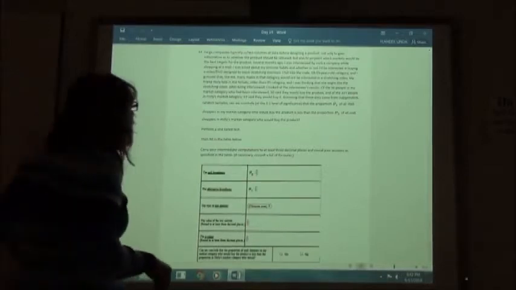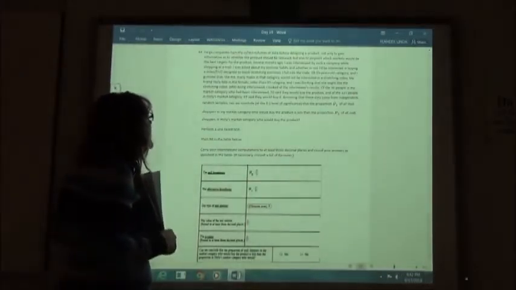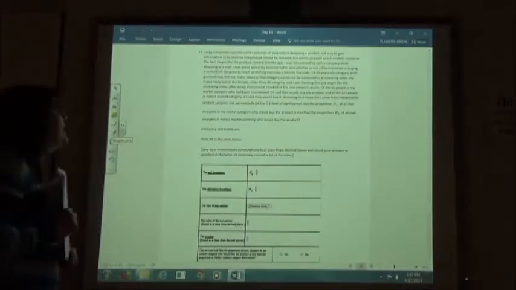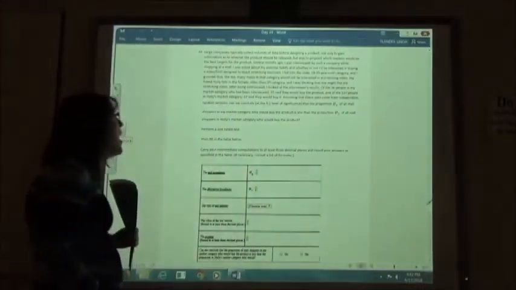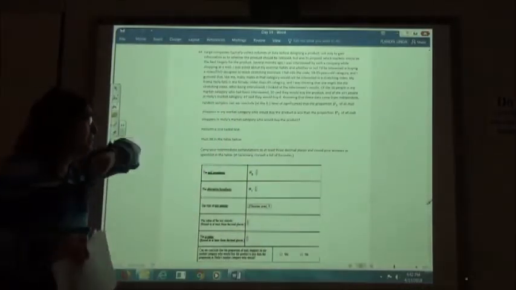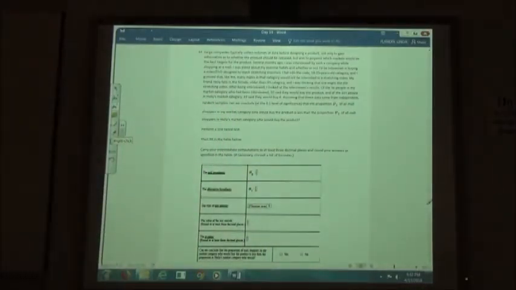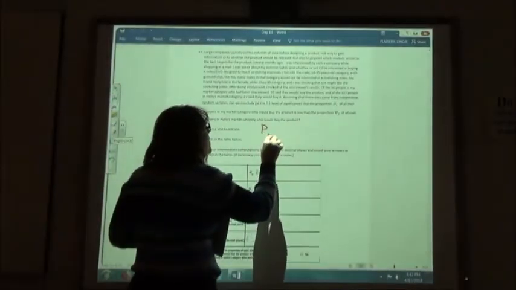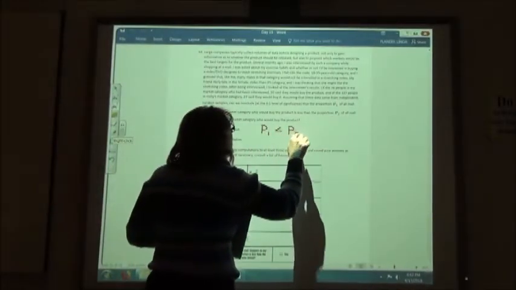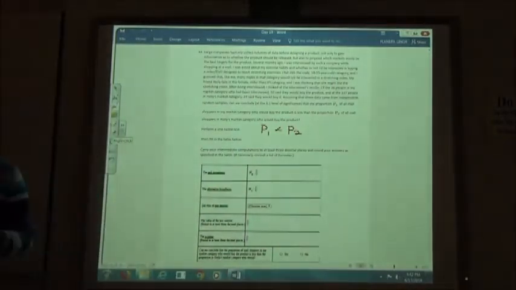Assuming that these data came from independent random samples, can we conclude at the 0.1 level of significance that the proportion from P1, which is all the mall shoppers in the male category who would buy the product, is less than P2, which is the ones in Holly's category? So we want to decide, can P1 be less than P2, is what the question says.